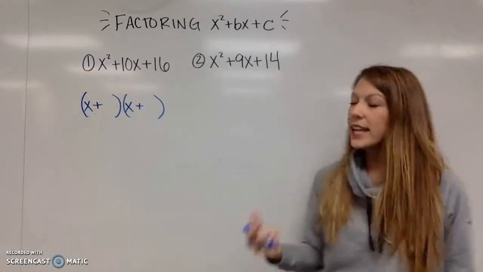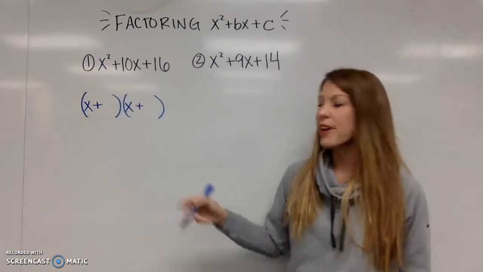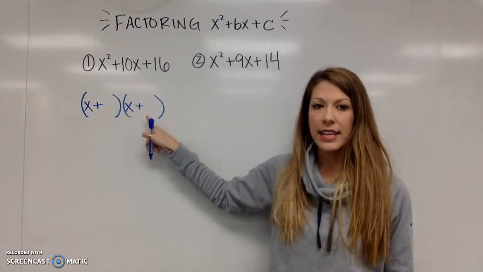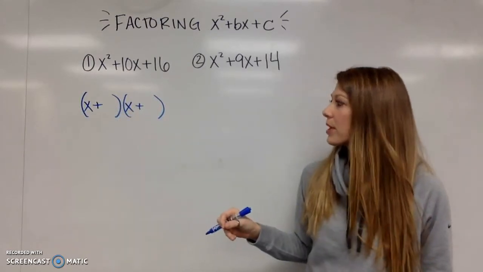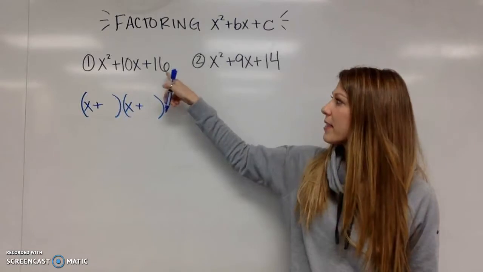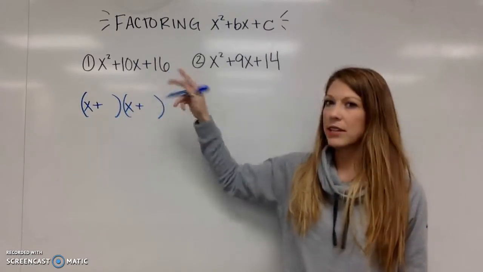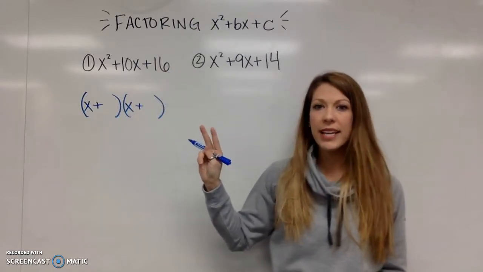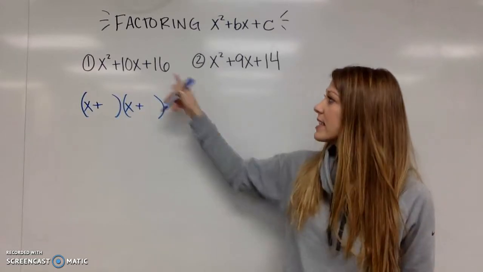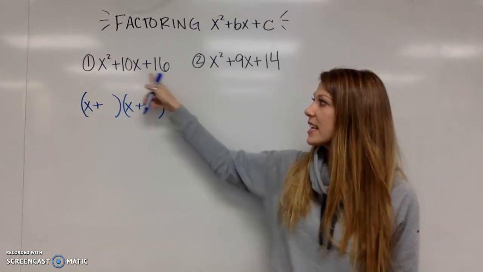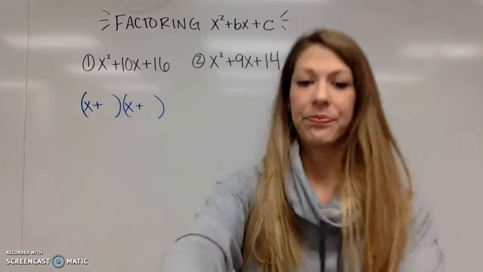All right, so then the next question we ask ourselves is we have to find the 2 numbers that go here and here. To figure out what 2 numbers go in those places, we look at the back number, and we need to pick 2 numbers that multiply to get 16, and the same 2 numbers that multiply to 16 need to add to 10.